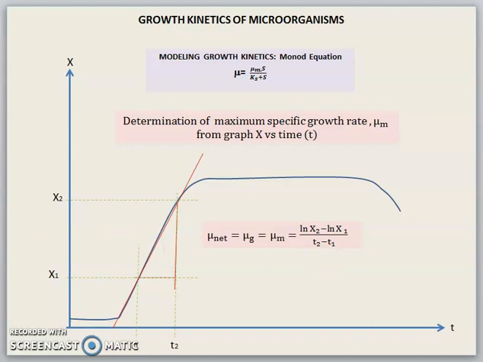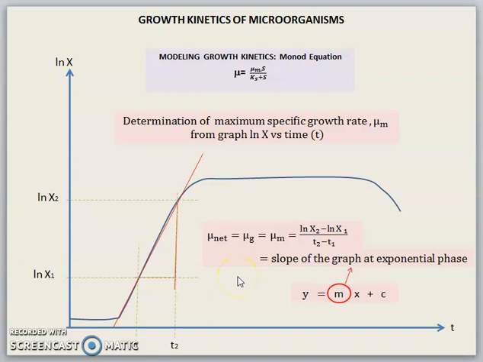Okay, so if you're using the Excel graph, then from the linear line equation obtained for the data plotted at the area of the exponential phase, only at the exponential phase, we just take the slope value.